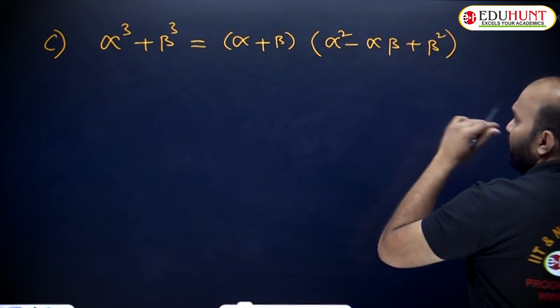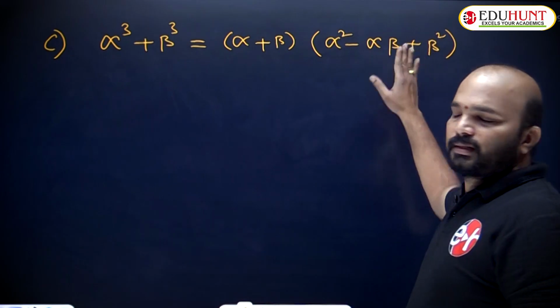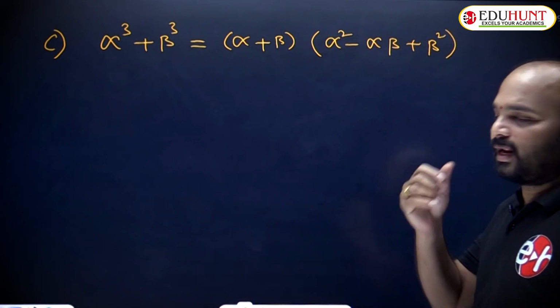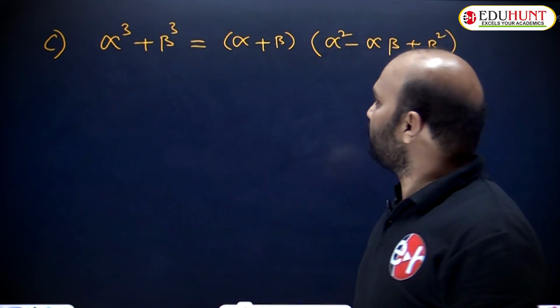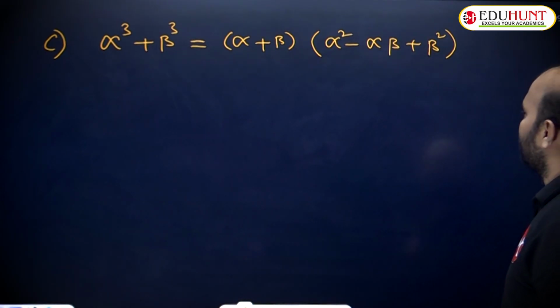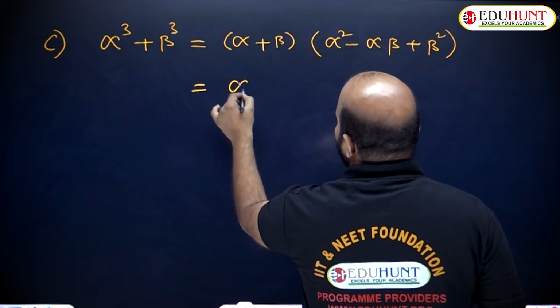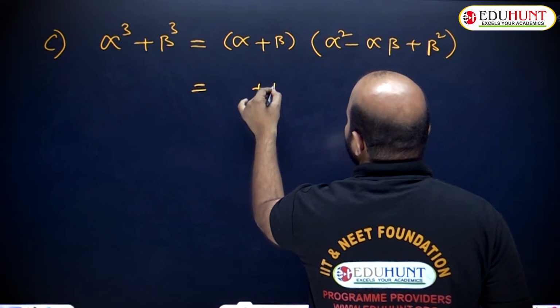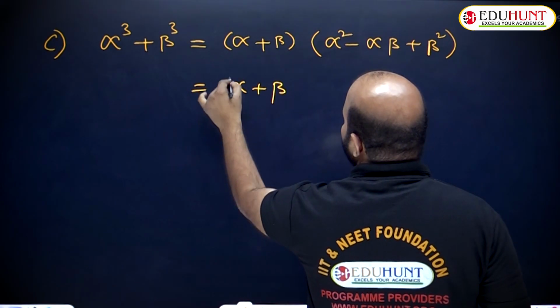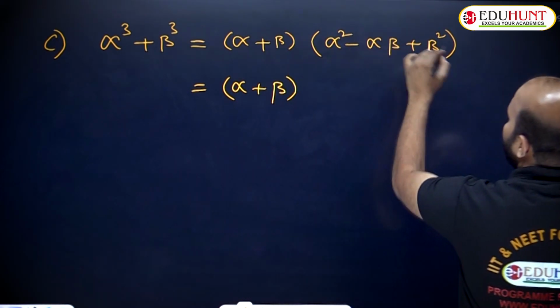This is the a cube plus b cube formula, a plus b into a square minus ab plus b square. Just like that, alpha cube plus beta cube can be written alpha plus beta into alpha square minus alpha beta plus beta square. It can be written alpha plus beta into alpha square plus beta square.